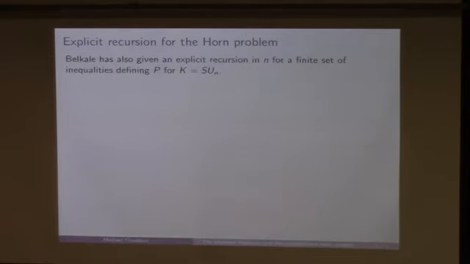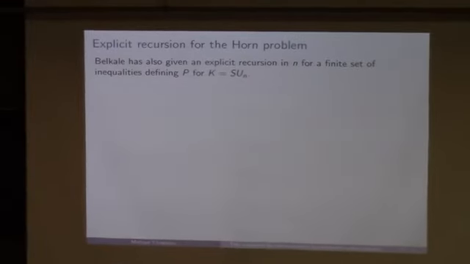I should mention also that you might say, well, that's not a complete solution of the problem because it expresses it in terms of something inexplicit, namely, quantum cohomology of Grassmannians. That's true, but we actually know a lot about that subject as well. We have Pieri, Giambelli formulas, and so on. We can calculate it. So using that, Belkale turned that into an explicit recursion in n.